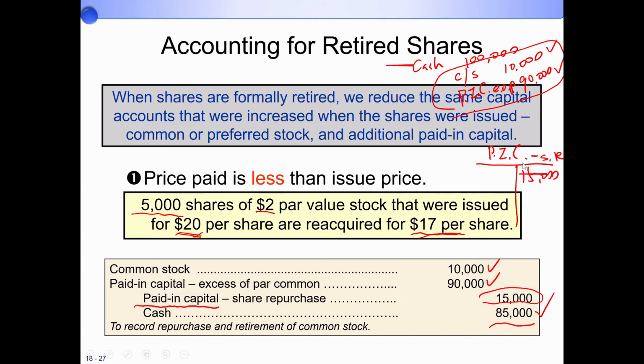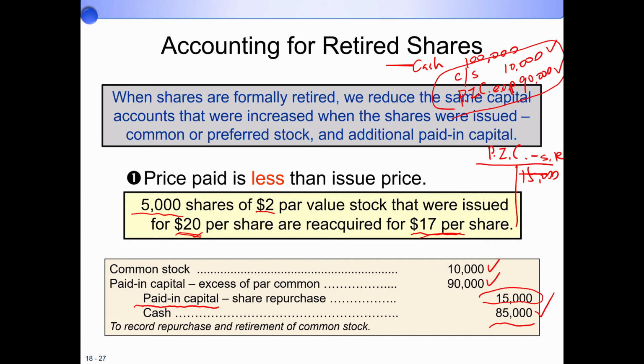Is it because you repurchase for $85,000 that you get the difference from the original $100,000? Yes, when you issue, you receive $100,000 cash, right? Now you only use $85,000 to purchase back and cancel it.